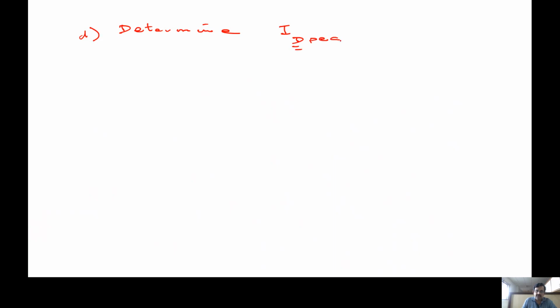ID itself is peak only. So I'm just re-emphasizing it's a peak current. Okay, ID peak. So it should occur when the input signal peaks.